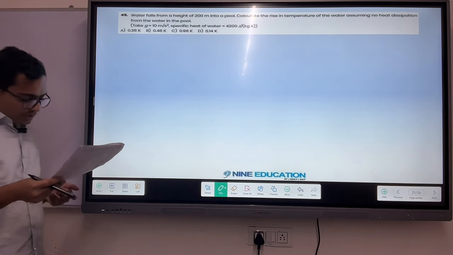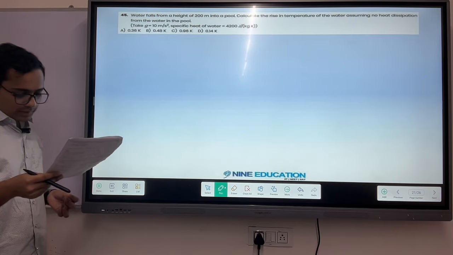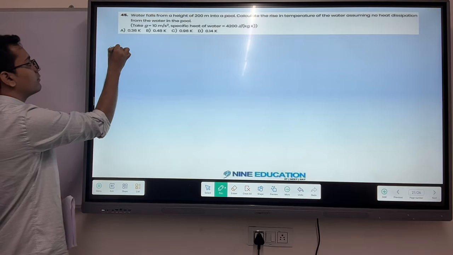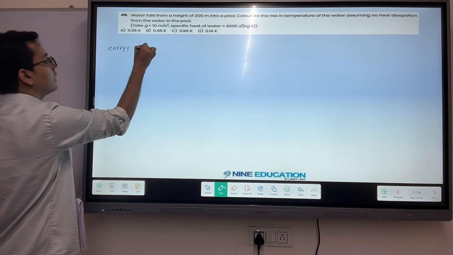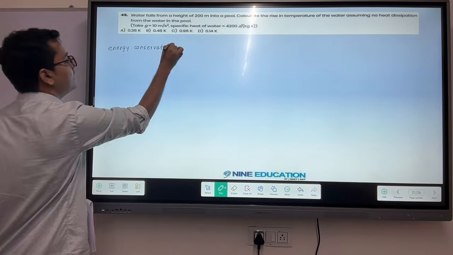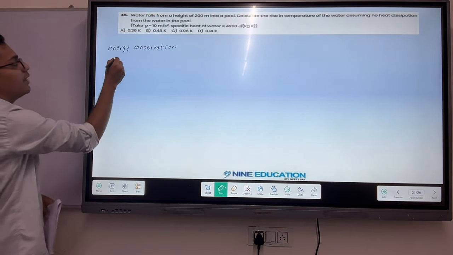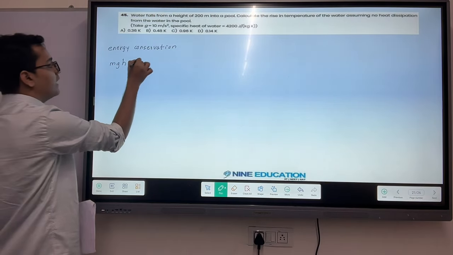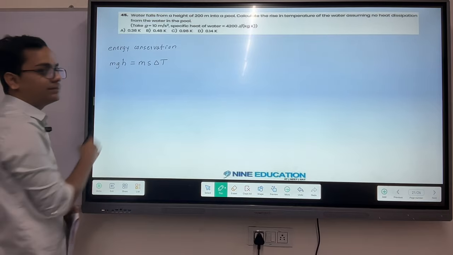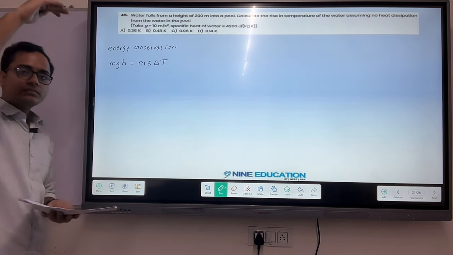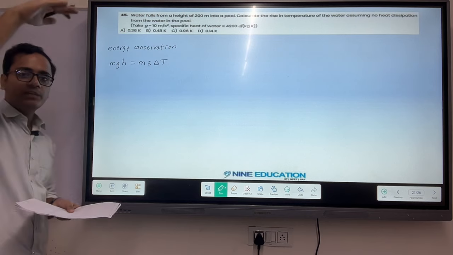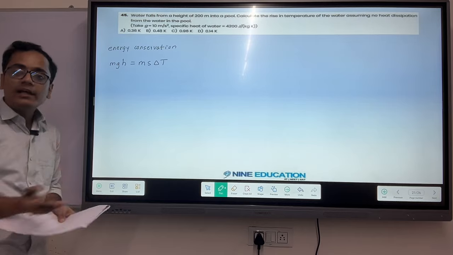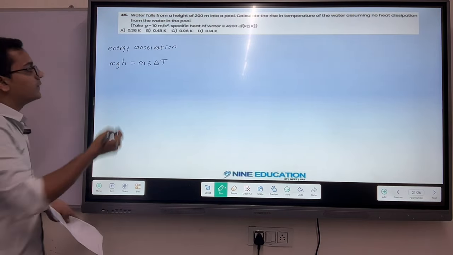Next: water falls from 200 meter into a pool. Calculate the rise in temperature of the water. So again, energy conservation. If the water is falling from a height of 200 meter, it had potential energy mgh, that is being converted into heat energy. As the water is suddenly stopped, initially potential energy, finally it is at the ground, so potential energy is 0. Kinetic energy also 0 because it is suddenly stopped.